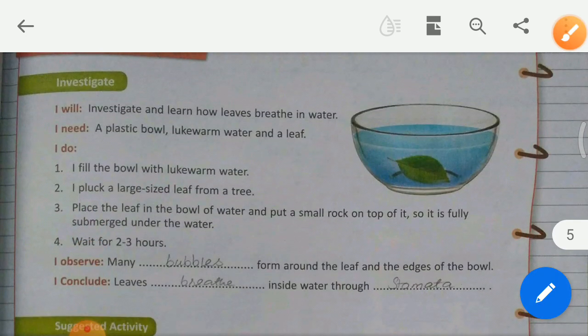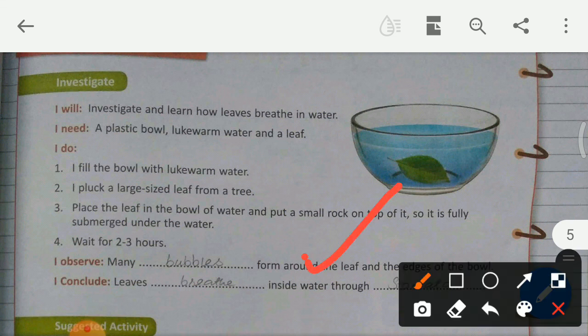And I discussed this activity. Look at this activity. They are showing how the leaves breathe in water. Instead of lukewarm, I said to keep it in the bowl in the sunlight. So you have to do this activity and fill in the answers for these dashes.